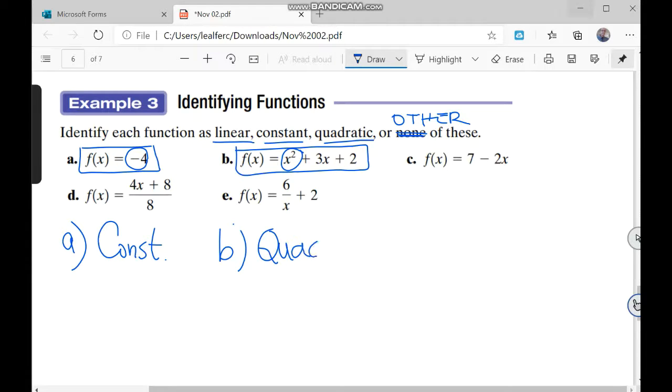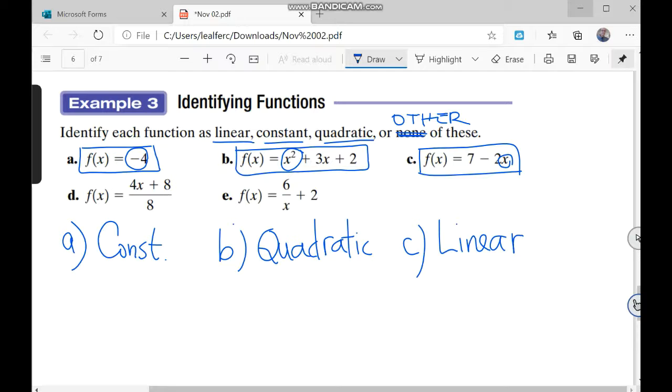Remember the last slide? Letter C. f of x equals 7 minus 2x. You only have x. You don't have any exponents. The x is not in the denominator. You don't have any square root. You don't have any absolute value function. So this is going to be linear.